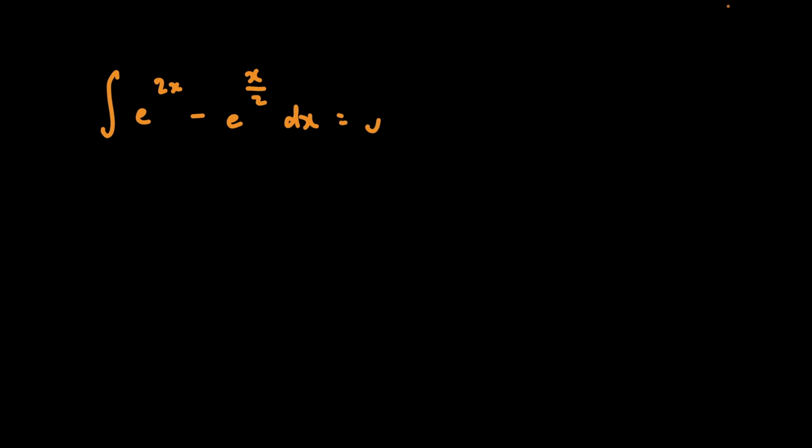I'm going to separate it as the integral of e to the power of 2x dx minus the integral of e to the power of x over 2 dx. The first function can be worked out by simply having the derivative of the power next to it. And the derivative of 2x is simply 2. Now again, we need to times by a half to cancel out the effect of the 2.